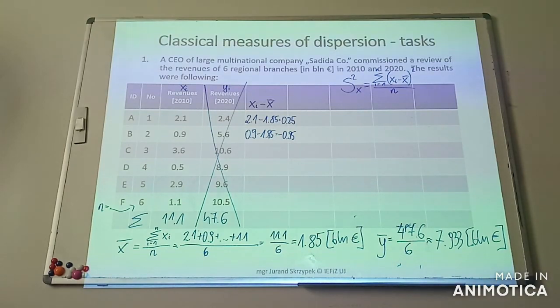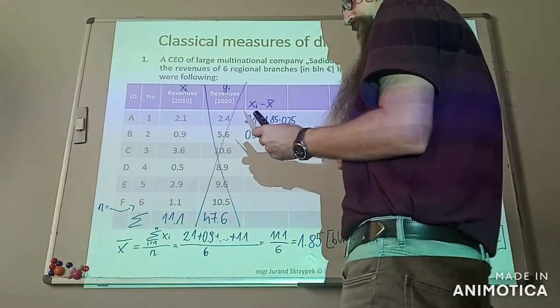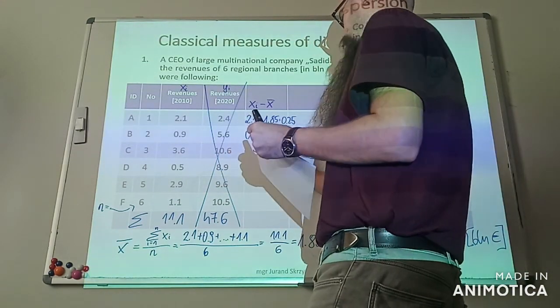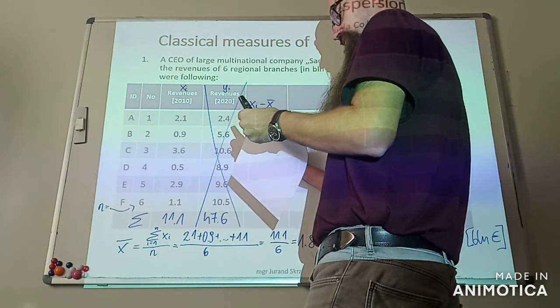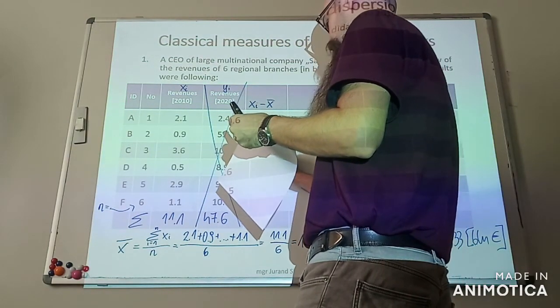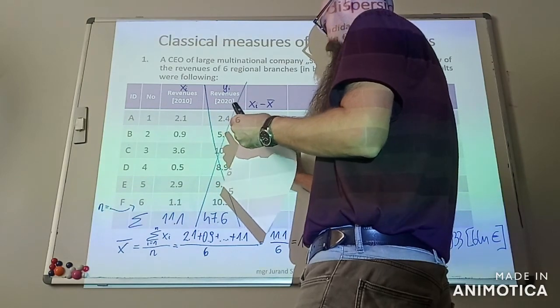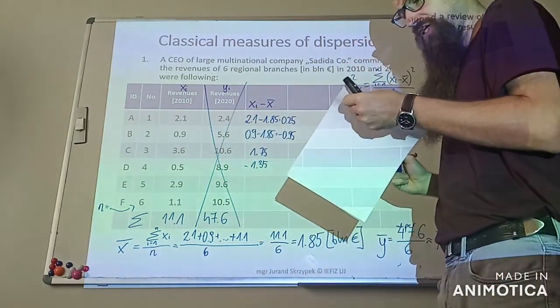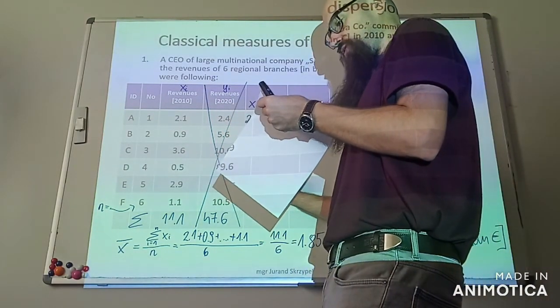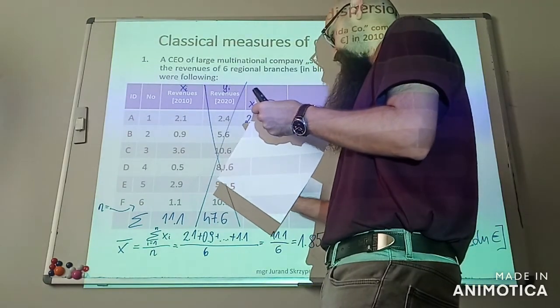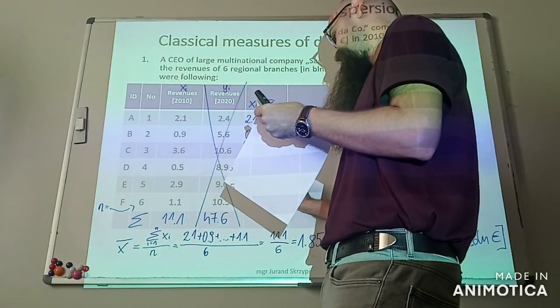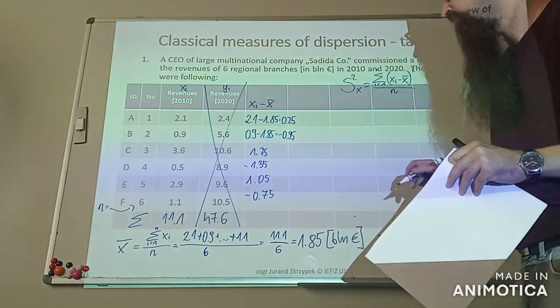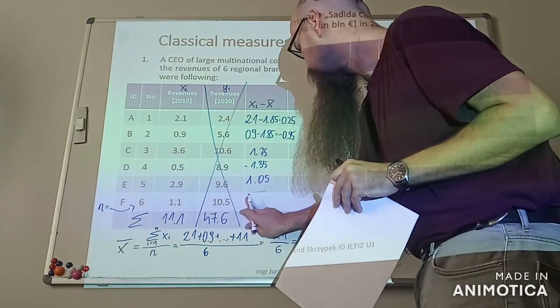Okay, and the next deviations are following: 1.75, minus 1.35, 1.05 and minus 0.75.